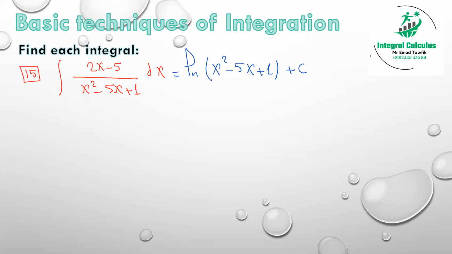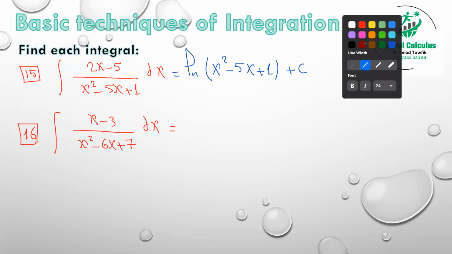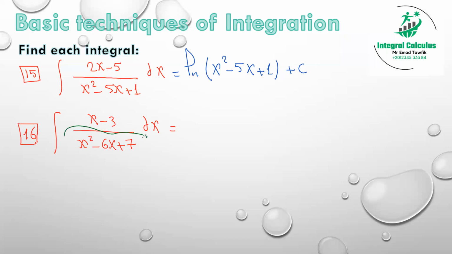But sometimes I'm going to give you another problem like number 16, which is the integration of (x minus 3) over (x squared minus 6x plus 7), dx. In a problem like this, the differentiation of my function is not written in the numerator.